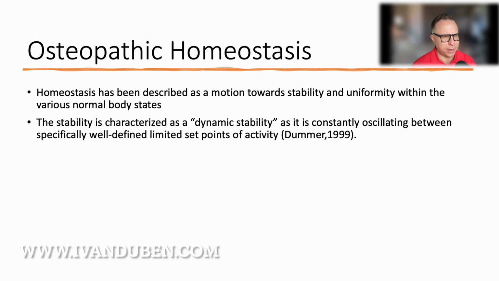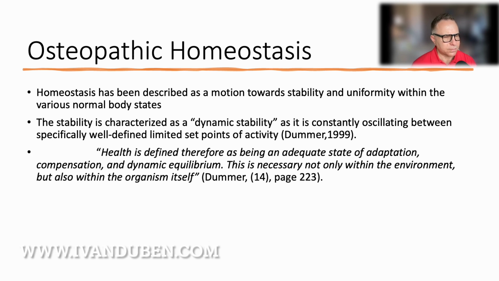Stability is characterized by dynamic stability, and it is constantly oscillating between specifically well-defined limit set points of activity. He says health is defined, therefore, as being an adequate state of adaptation, compensation, and dynamic equilibrium. This is necessary not only within the environment, but also within the organism itself.